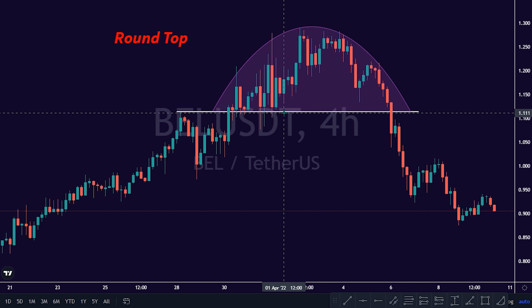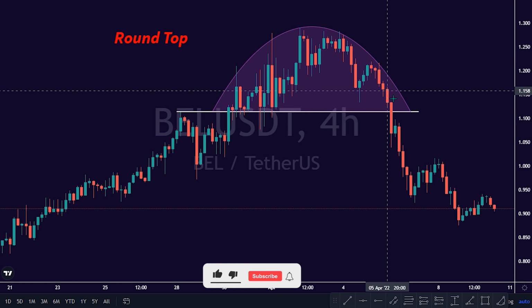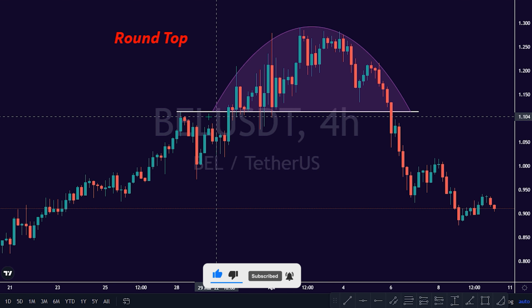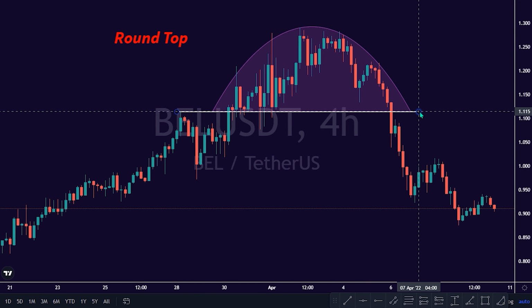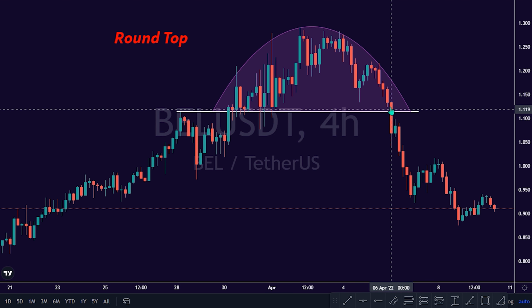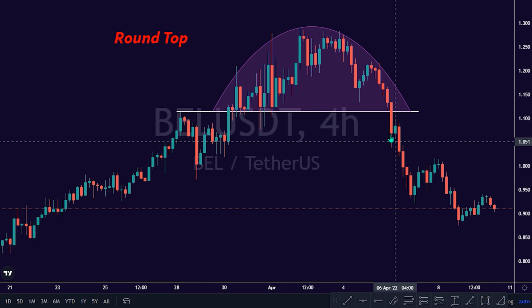Now that we have the rounded top chart pattern at the extended top of this bullish trend, the support level at the price level of $1.1 is the neckline of this rounded top. This rounded top was confirmed when the strong bearish candlestick broke the neckline downward.